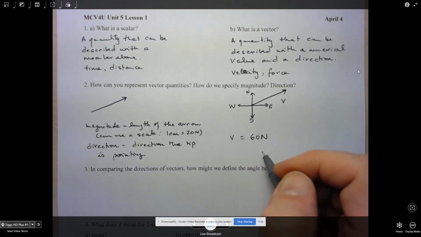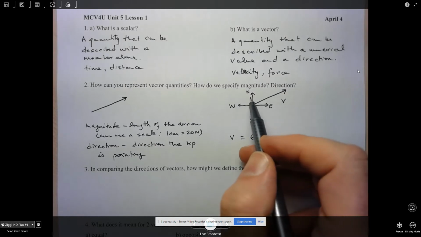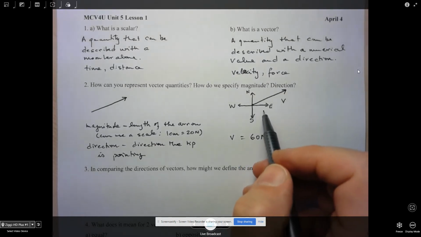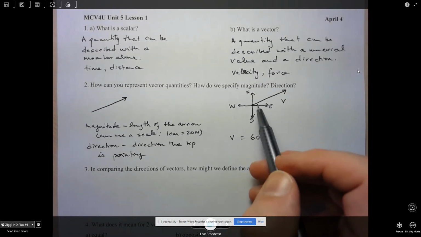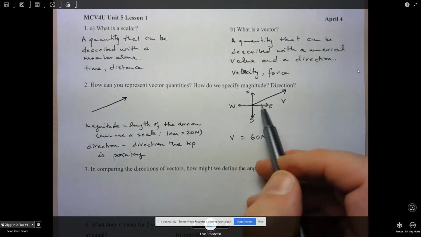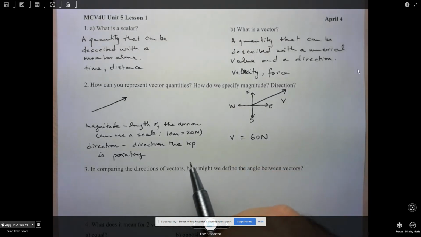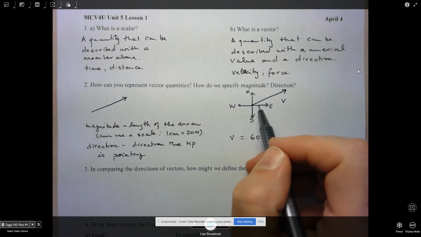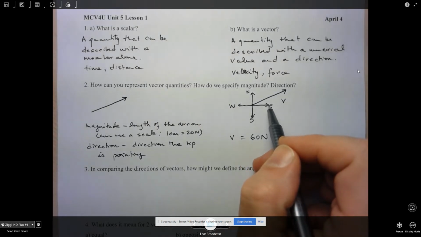Now how do we describe the direction? Well, this is where we can use east, north, south, west in order to describe the direction. This is not going along exactly one of the cardinal points, but what we can do is say, if we start at the east direction, we can then use an angle to represent how far from the east it is.